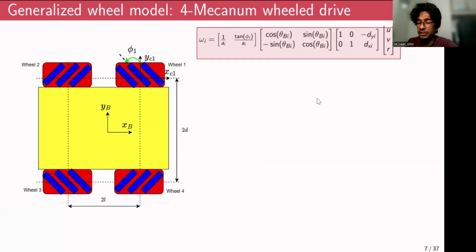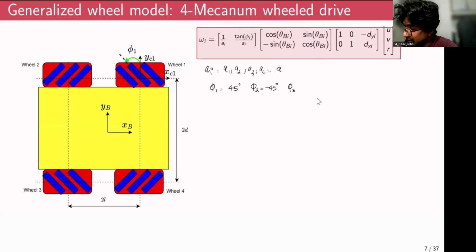And taking that into consideration, AI, or in case of all the 4 wheels, A1, A2, A3, A4, they're all going to be the same, which is A. And phi I for wheel 1 is going to be 45 degrees. For wheel 2, it's going to be minus 45 degrees.